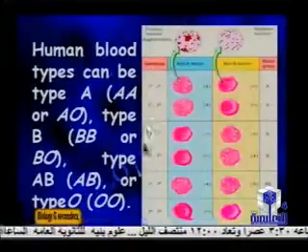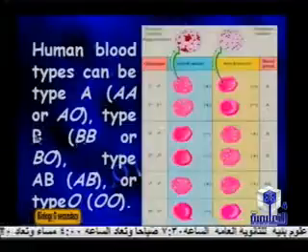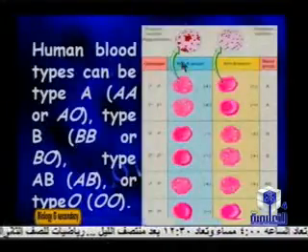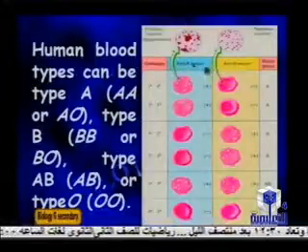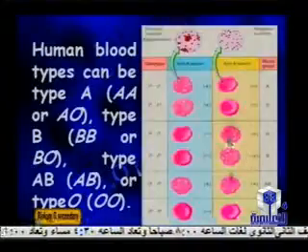Also, for the genotypes BB or BO, blood group B, there is no agglutination with antigen A or serum A, while with B there is agglutination.